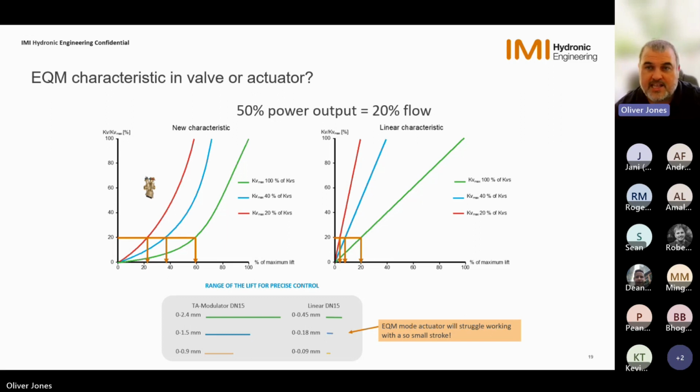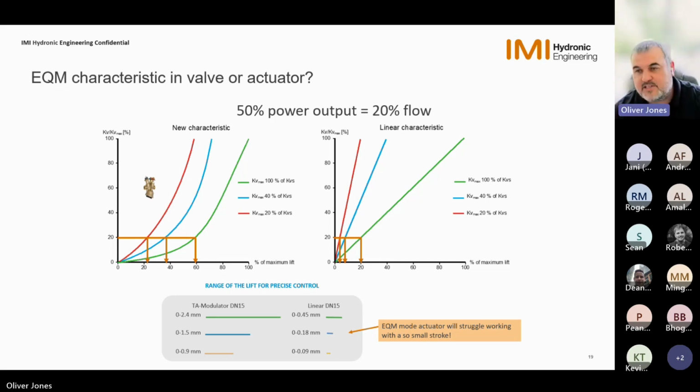If we then further regulate that valve, so we go to 40% of our maximum design flow through the valve, again, our characteristic comes down, we hit our 20% of the flow, and we are just below 40%, so 37% of the maximum lift available, somewhere around there.